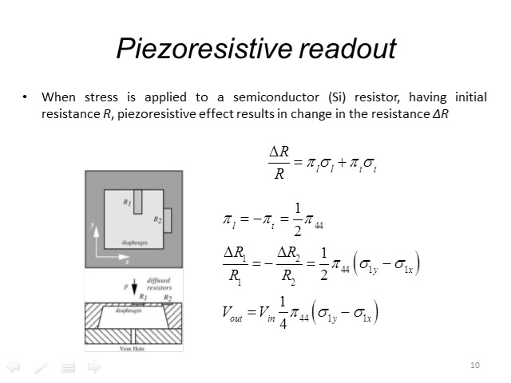And so now we have these resistors defined, and you see that they have a specific orientation. In R1, the length extends down the center of the diaphragm, and for R2, the width is in the direction towards the center, and the length is on the edge.